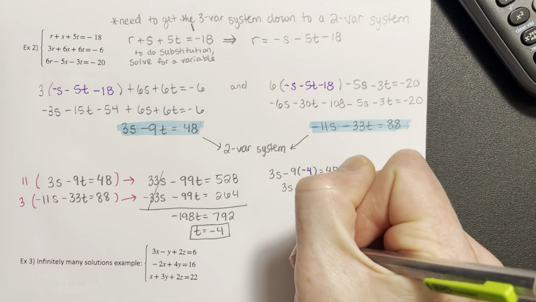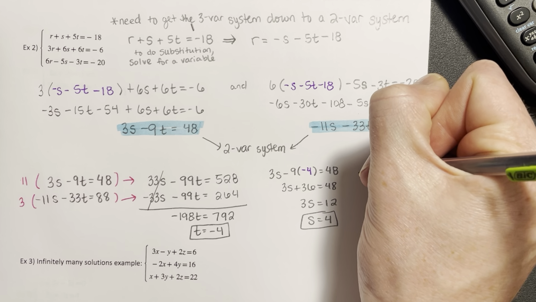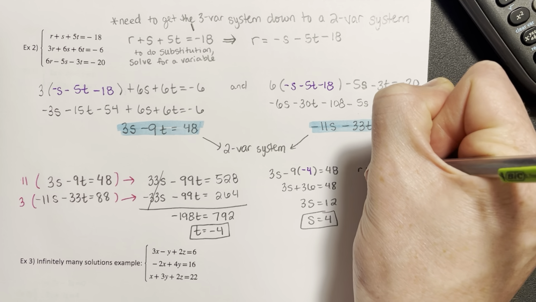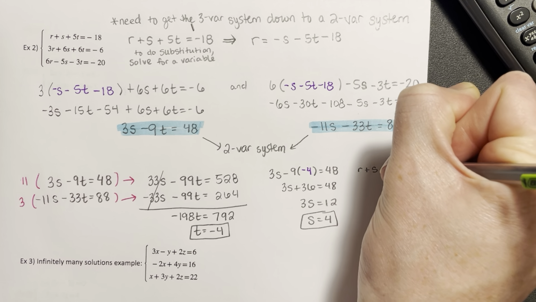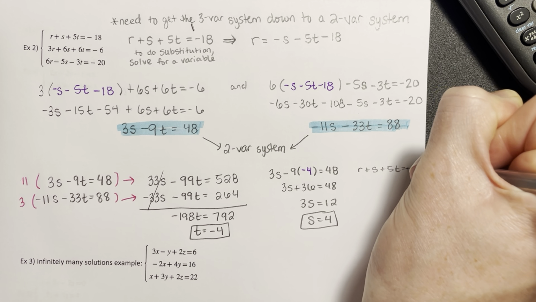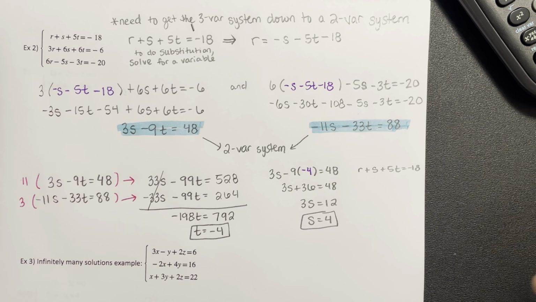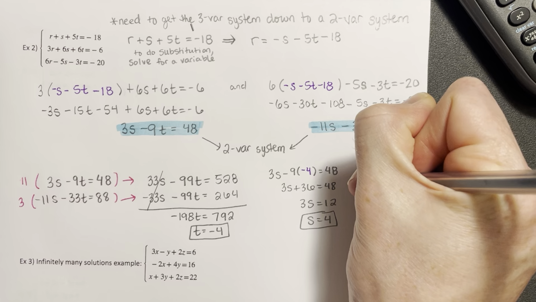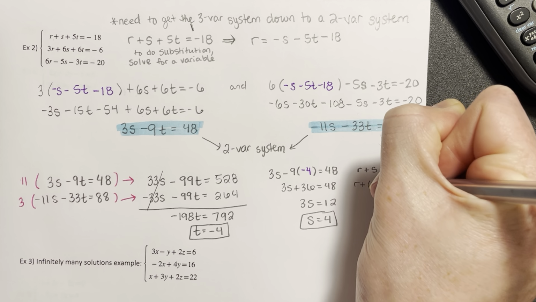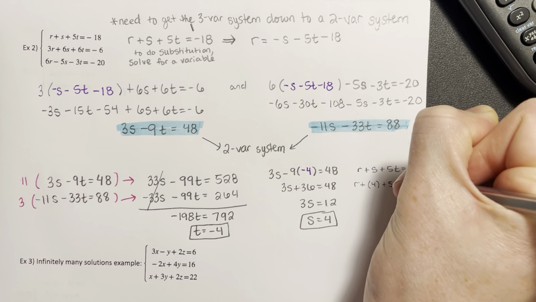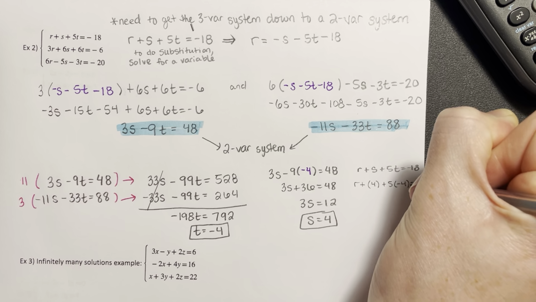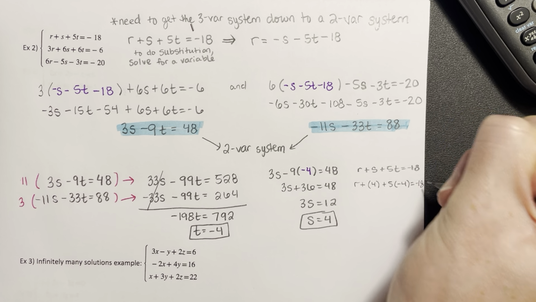Either one is okay. I do find that students like to go back to the original, so I'm going to go r plus s plus 5t equals negative 18, and substitute in. So r plus 4 plus 5 times negative 4 equals negative 18.